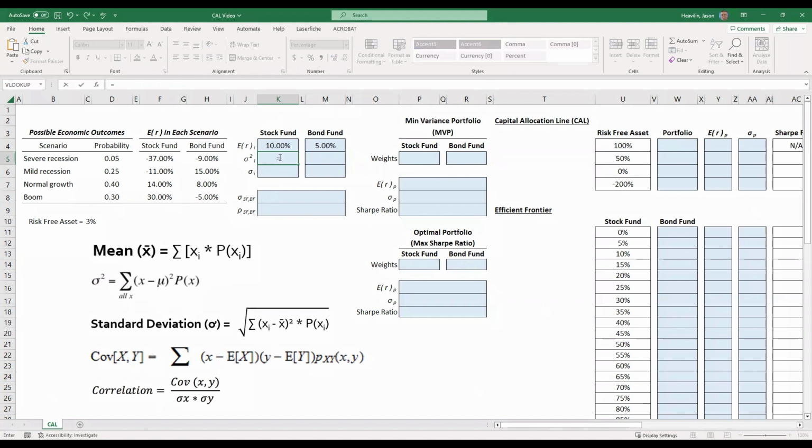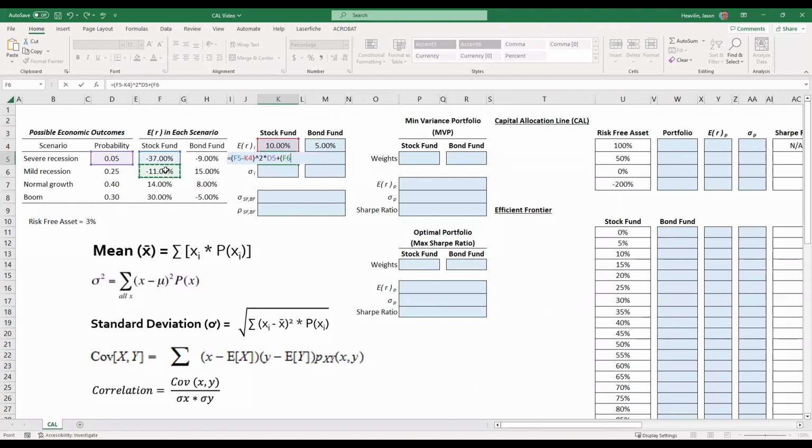So I take the equal sign. I'm going to open that parenthesis. I'm doing the stock fund. So I'm going to take the stock fund minus the average that we just calculated, which is that 10%. And we're going to square it. And then we're going to multiply it by the probability. And since it's a sum, we're just going to start doing the same process again down the list, adding them together.